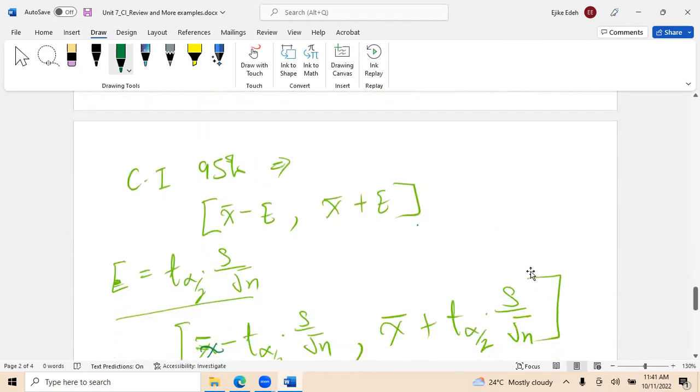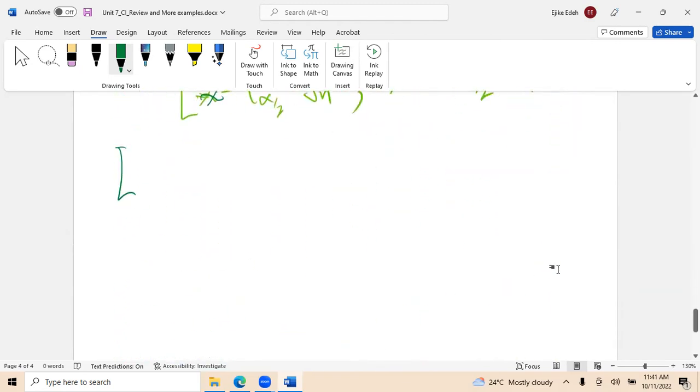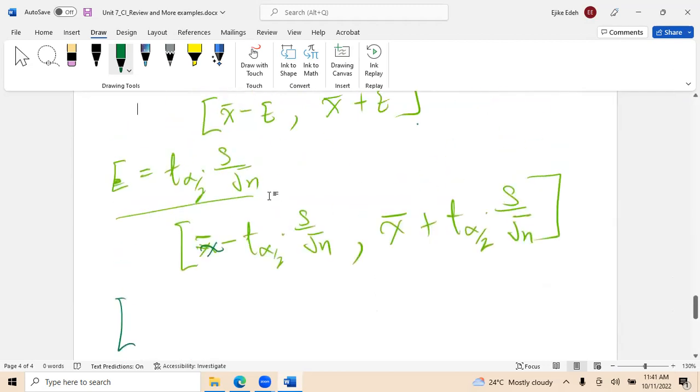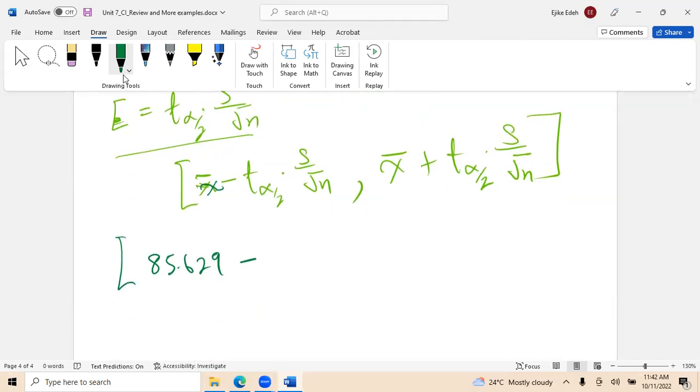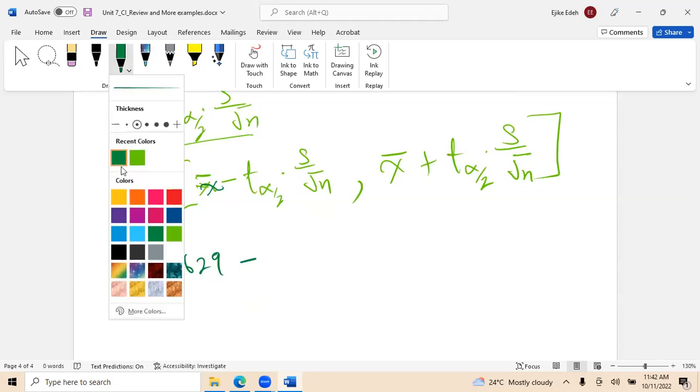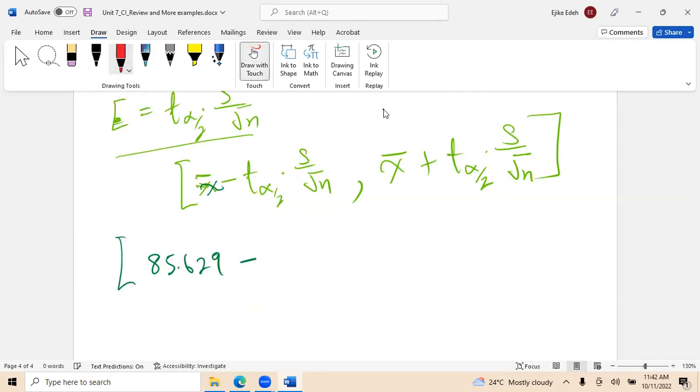So we plug that in. You have the mean, 85.629, minus T critical. Maybe we'll just calculate the margin of error separately and then put it back, because that will make it easier. So let me do the margin of error separately, and let's be sequential.